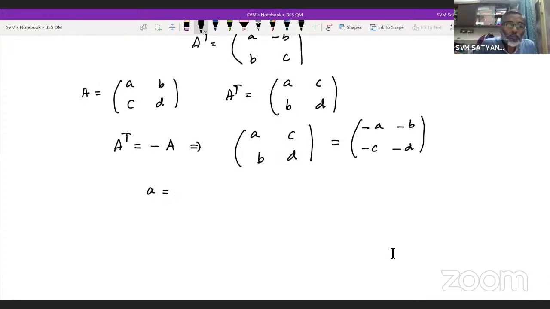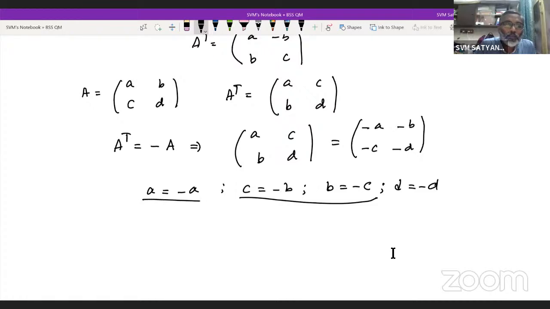That means A is equal to minus A, C is equal to minus B, B is equal to minus C, and D is equal to minus D. C equal to minus B, B equal to minus C is fine. But A is equal to minus A, what does that mean? You take minus A this side, 2 times A is equal to 0. 2 is not equal to 0, and hence A has to be equal to 0.